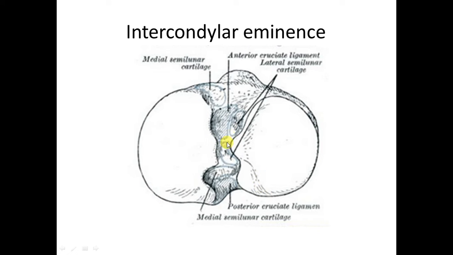So the lateral meniscus is the nearest part to the middle of the intercondylar notch. PCL is the most posterior part. The ACL attachment is between the two anterior horns of the medial and lateral menisci, and the PCL is the most posterior.